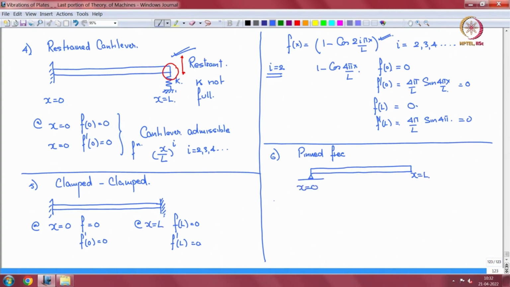So what are the conditions? At x equal to 0 we have f of 0 equal to 0, and at the other end it is free. So the admissible functions are f of x equal to x by L to the power i.